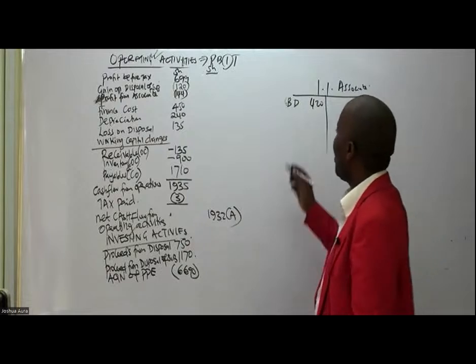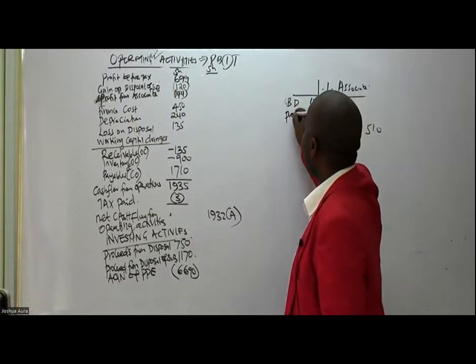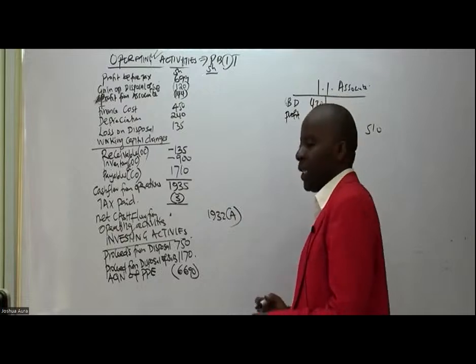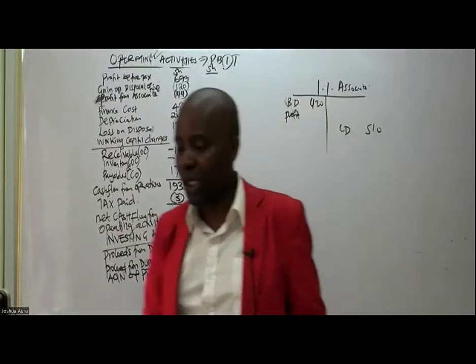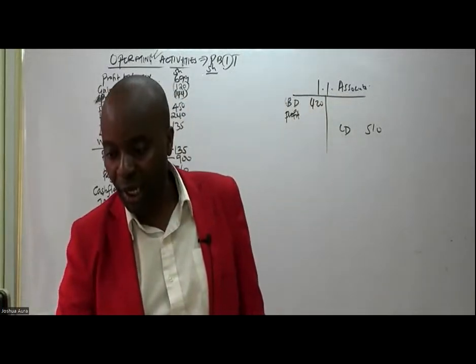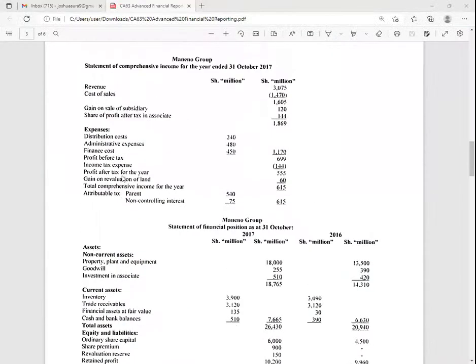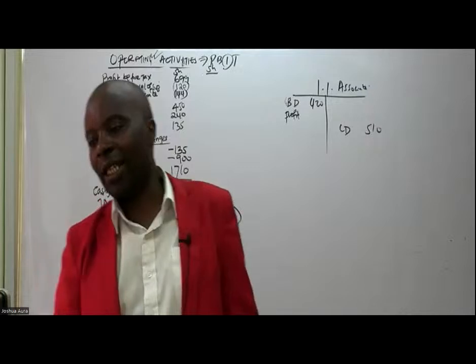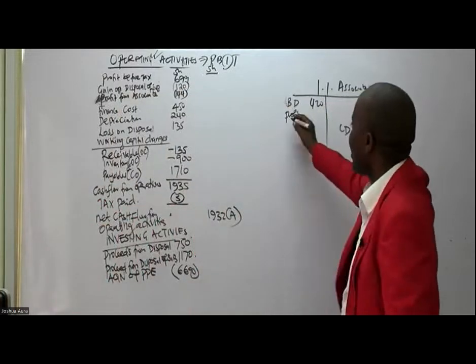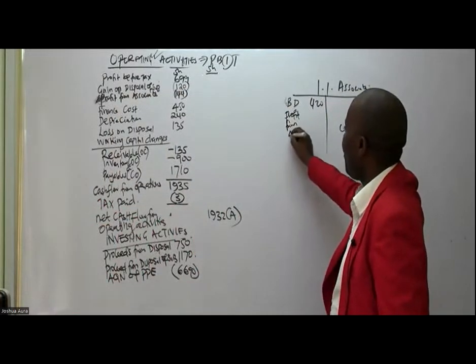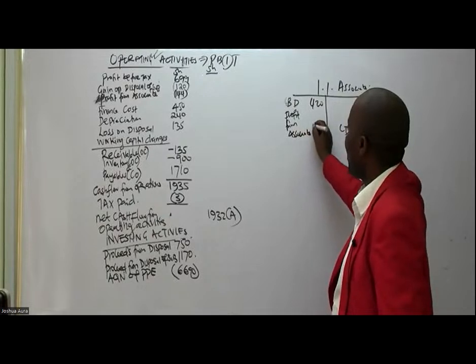The share of profit from the associate is 144, and that is it really. There's nothing much here.